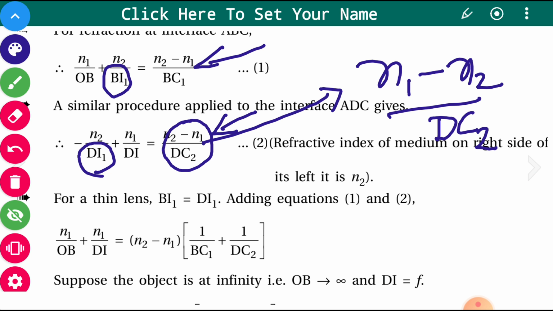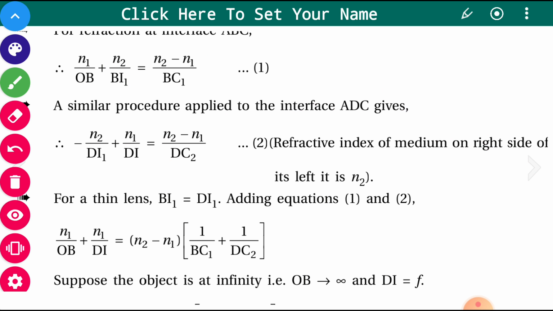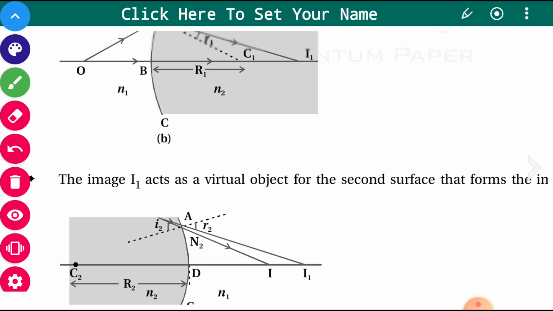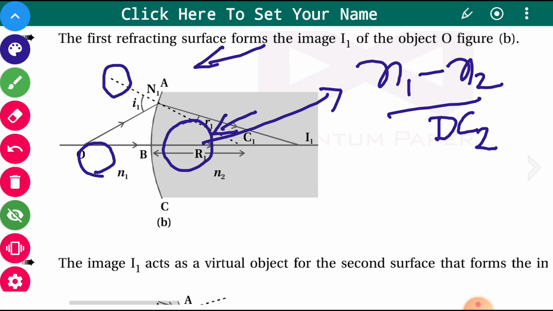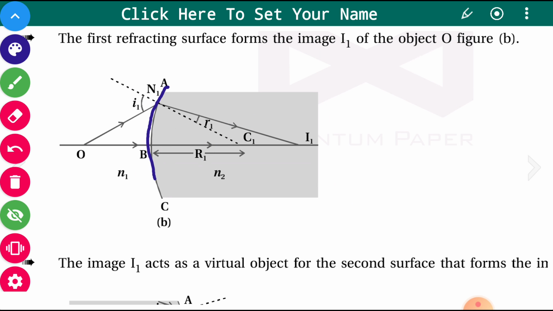Now, as you see, bI1 and dI1, they are the same because we have taken this as a thin lens. Now try to understand, this is ABC, that is the first surface, and the other surface is ADC. Now you take bI1 or dI1, it will be the same only because this is a thin lens.